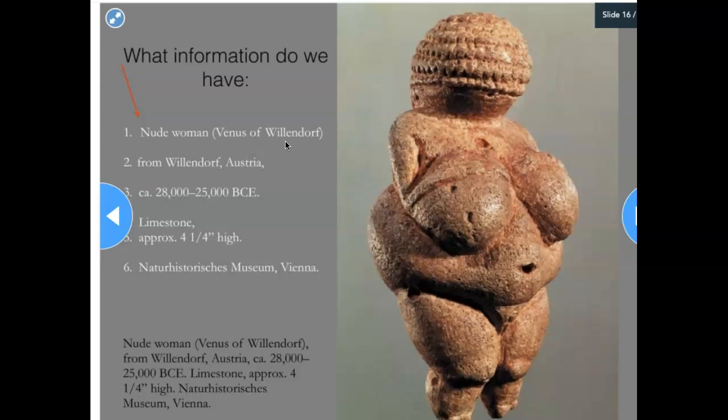The second item is where she's from, where she was found. The third item is the date. And here, of course, it is a 3,000-year range. The fourth item is the medium, right? What is it made out of? The fifth item is the size. And the sixth item is where it is right now, where this object resides.